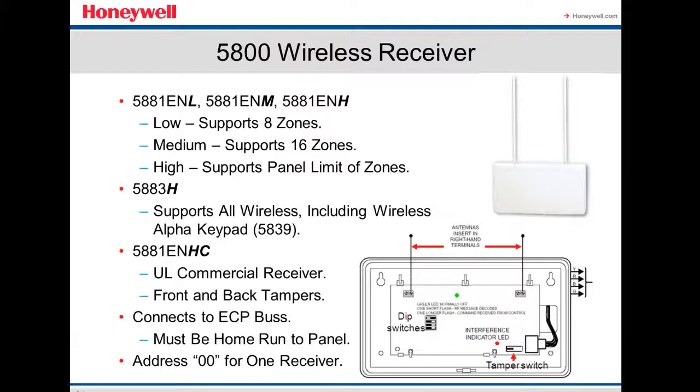Since all these Vistas can use only one of these, it comes with address 00 by default from the factory, so we don't have to change anything. We just have to run the cables from the receiver to the ECP bus on the panel, and that's it. It's already set up to work.